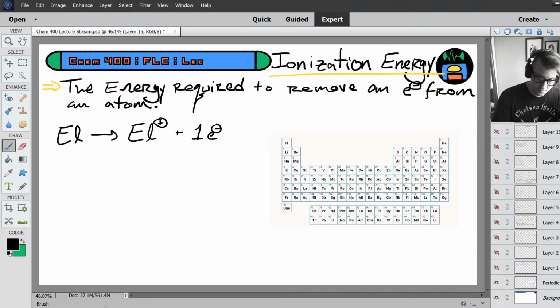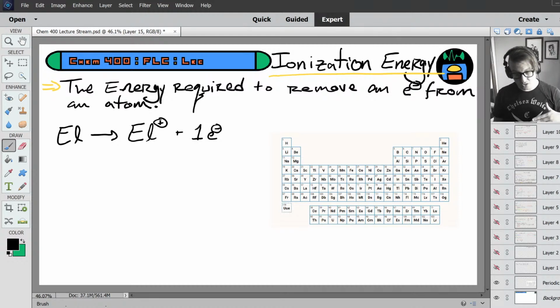Now, think about this. Is it going to take more energy or less energy to remove an electron from a very electronegative element, right? We were just talking about electronegativity. And electronegativity is how bad an element wants an electron. So if you have a high electronegativity, it's going to take a lot of energy to steal an electron away from that element because it doesn't want to lose electrons, it wants to gain them.